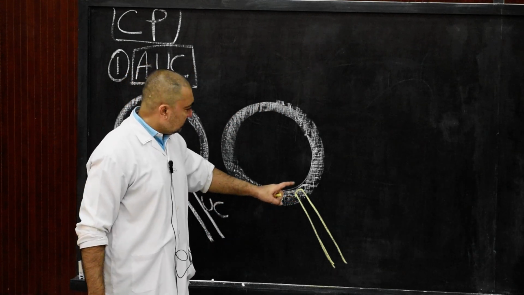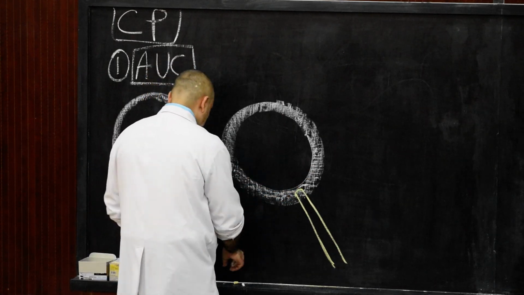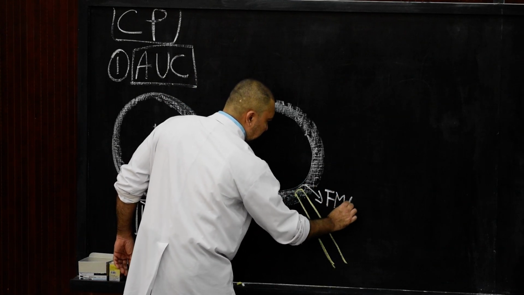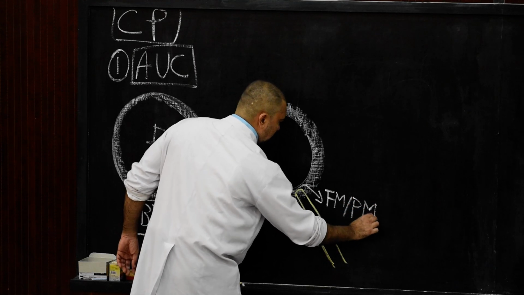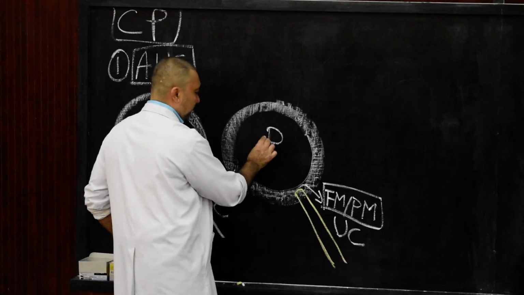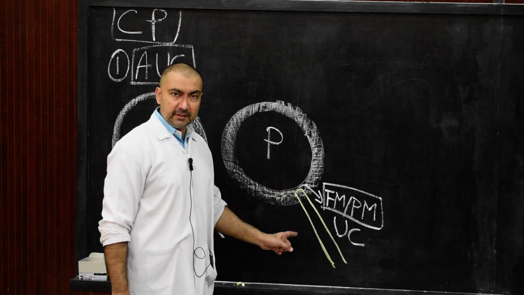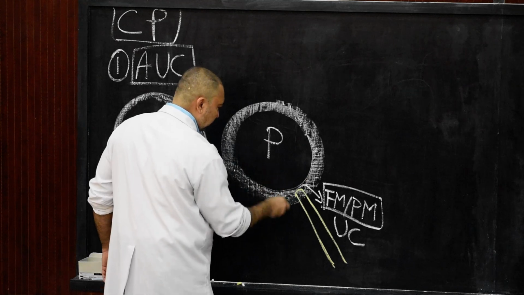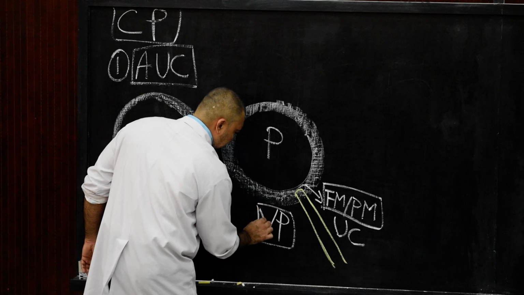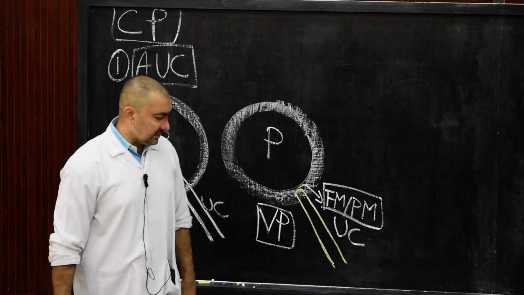The umbilical cord is attached to the peripheral margin or fetal membrane. Then this placenta will be known as velamentous placenta. Please note down V-E, velamentous placenta. So this is the first type of classification.